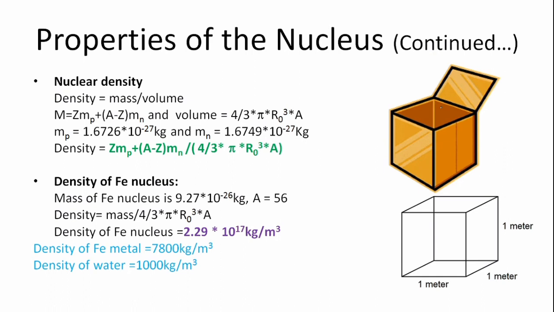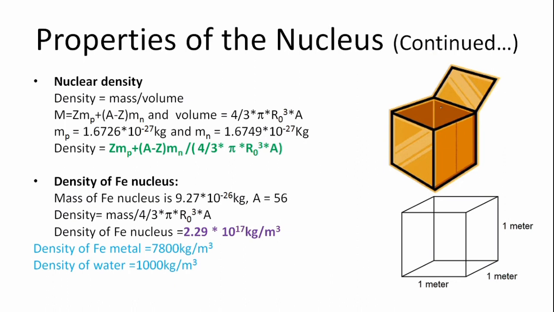There is no need for that expression, since we have a readily measured value for the mass of the iron nucleus. So when we substitute the mass of the iron nucleus and its mass number in the density expression, we get the density of the iron nucleus as 2.29 into 10 power 17 kg per meter cube.